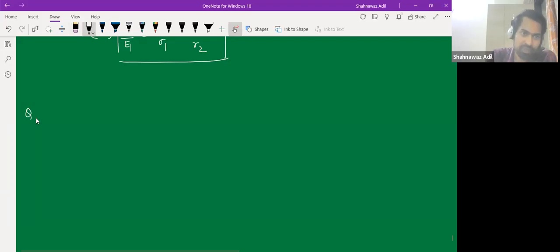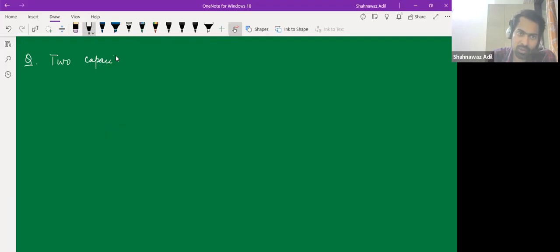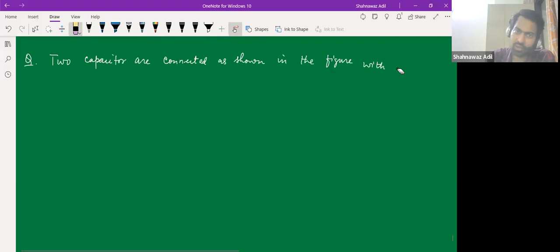So two capacitors are connected as shown in the figure with the battery and the switch is connected.